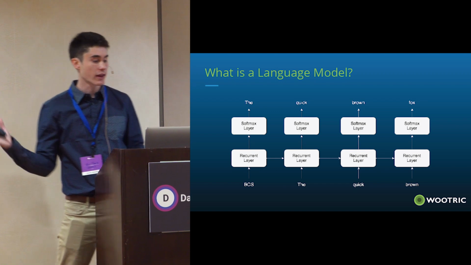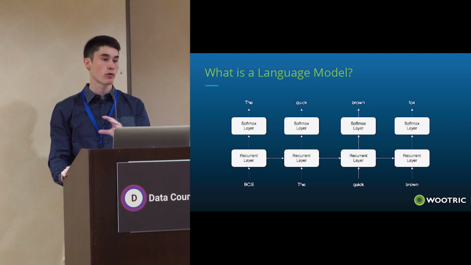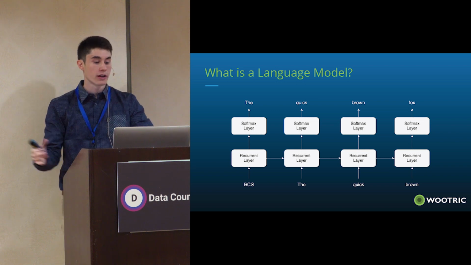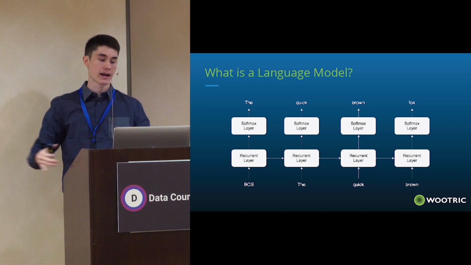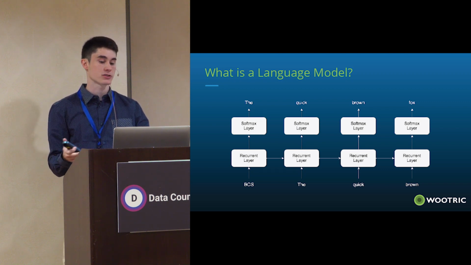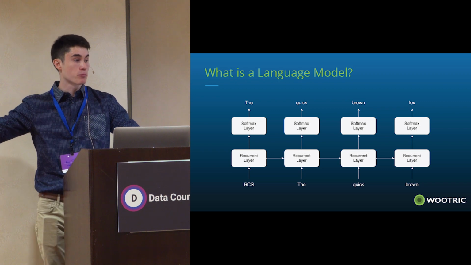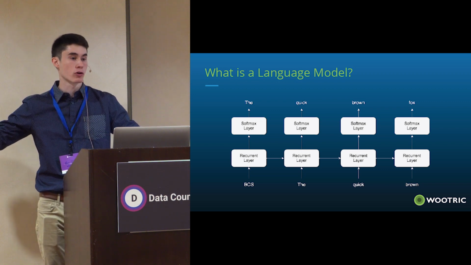Here's a brief, simple demonstration of what a language model is. A language model seeks to predict the next word in a sequence at each point of the sequence. In our example, we have the classic NLP sentence, the quick brown fox jumped over whatever. At each word in the process, we want to predict what word will come next.